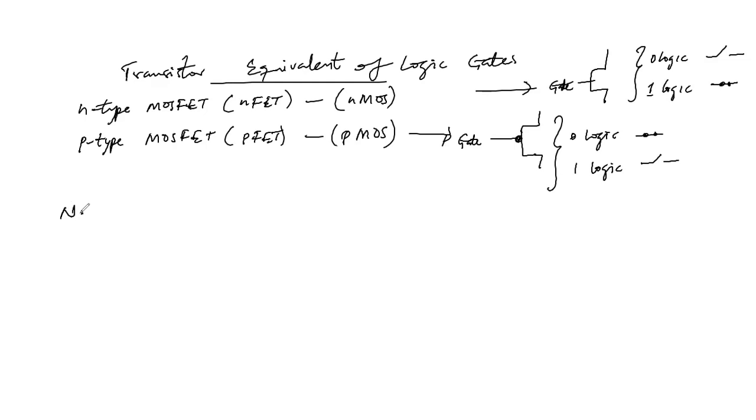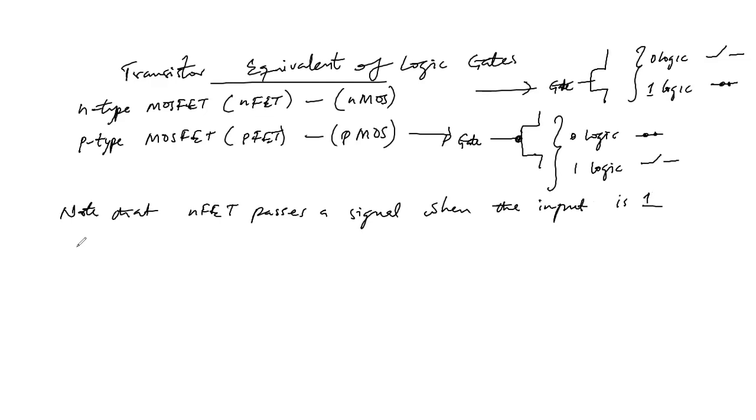So here you note that the NFET passes a signal when the input is 1, while the PFET passes a signal when the input is 0.